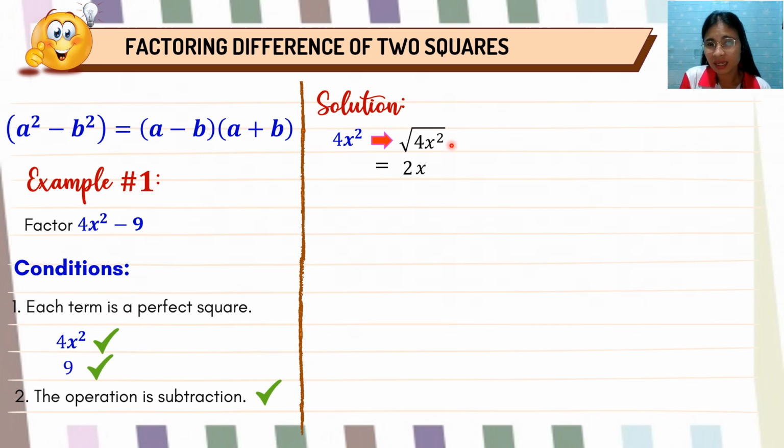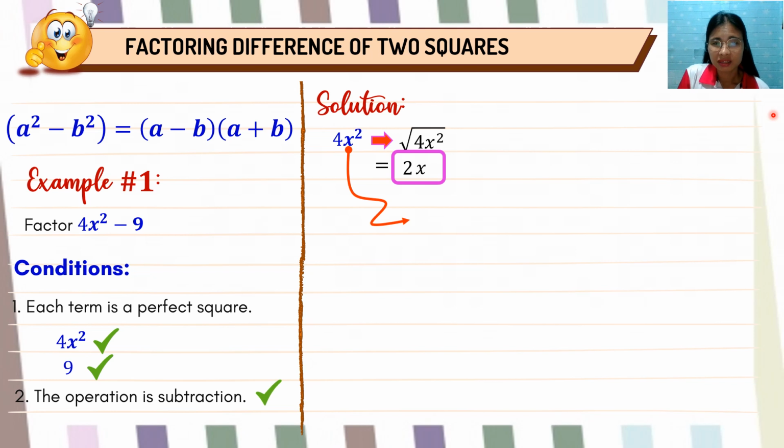Again, in getting the square root of a variable, divide the exponent by the root. If a radical symbol has no root written, it's understood to be 2. So 2 divided by 2 gives you 1, which means the square root of 4x squared is 2x.